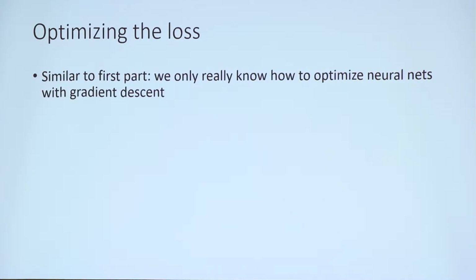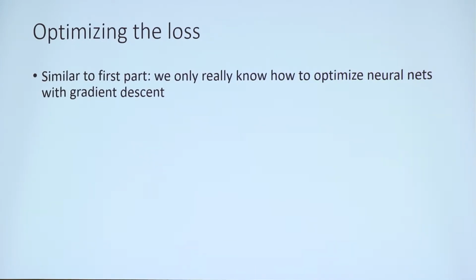And the only way that practitioners know how to train neural nets is through first-order methods, through gradient descent approaches. So apply some gradient descent dynamics to train a neural net, typically stochastic gradient descent, where at every iteration, instead of calculating the gradient on all of the data points, I get a mini batch of the data, a subsample, calculate the empirical gradient of that subsample and take a gradient step.